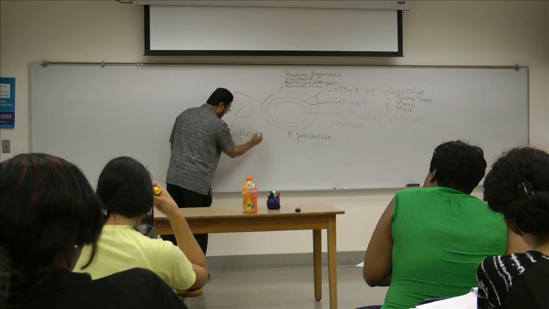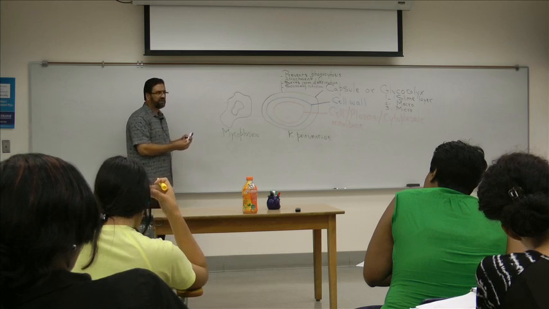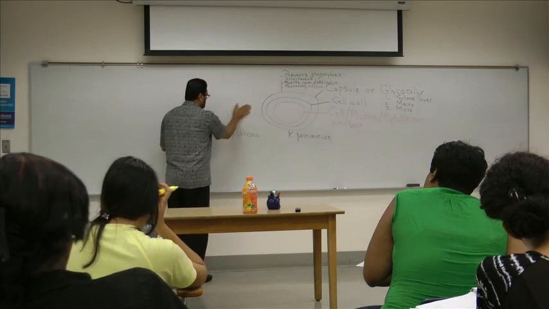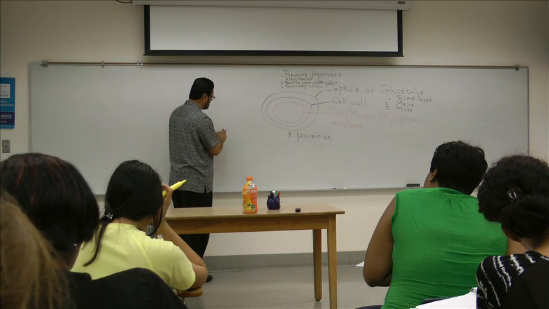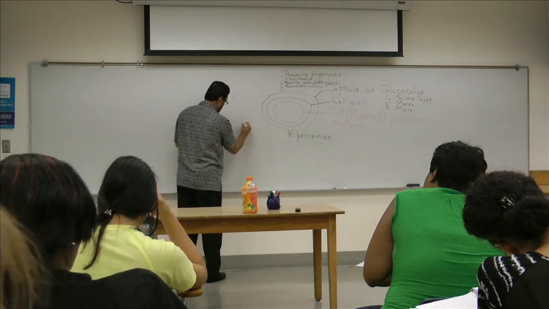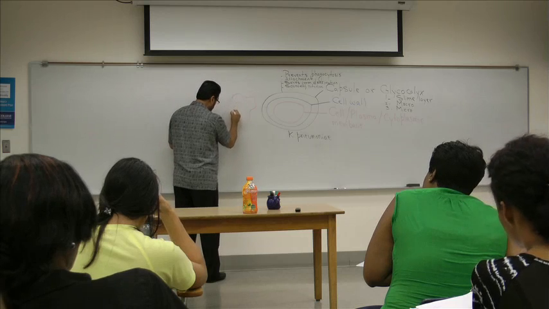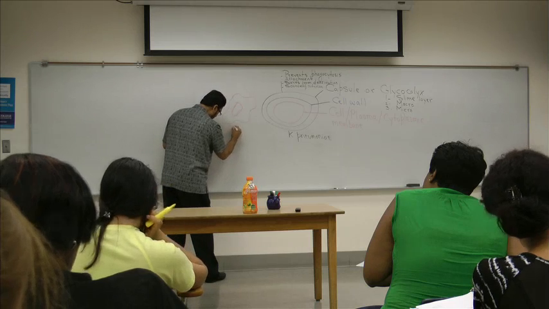This bacterium is Mycoplasma. So it has only one layer. I should have used red color just to show you. I'm going to use red color, sorry. So you can see, plasma membrane only. Just this layer. That's it. So this is Mycoplasma.